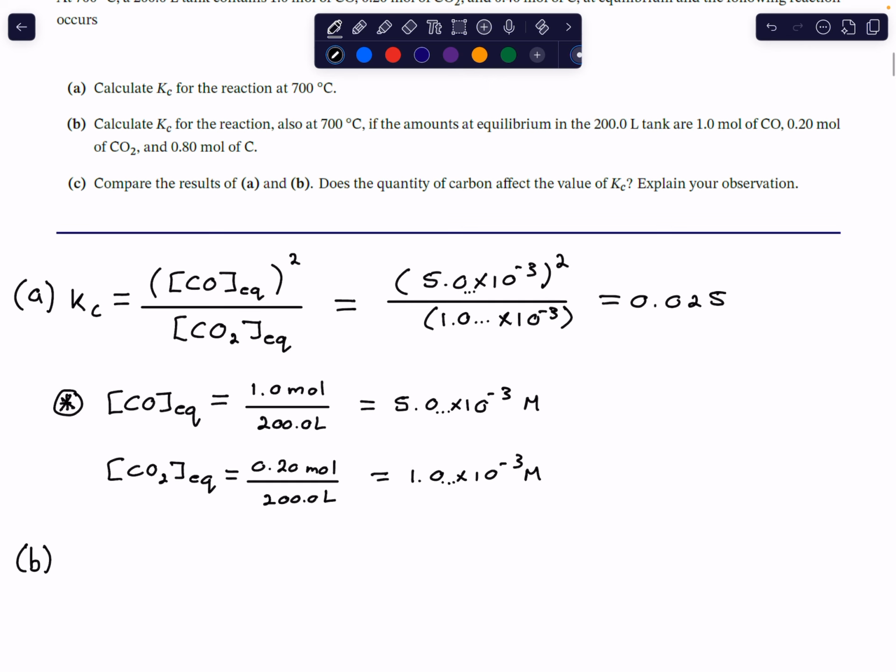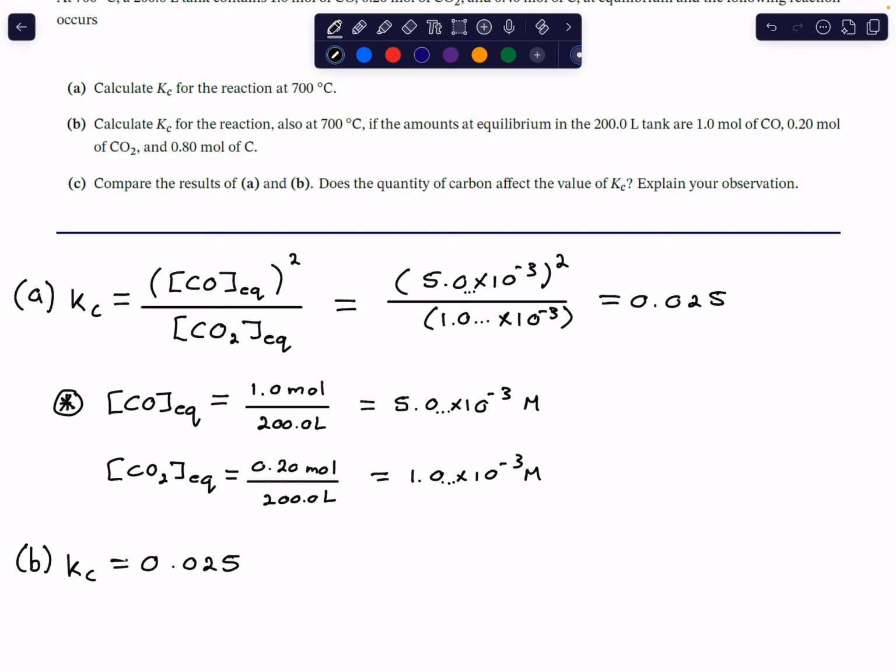You can go ahead and calculate Kc again directly, but Kc should have exactly the same value as it had in A. This just shows you that the solid does not have an effect on the Kc expression, and that's because it's not included in the Kc expression. Also, Kc is dependent on the temperature, and the only time Kc changes is if we change the temperature.